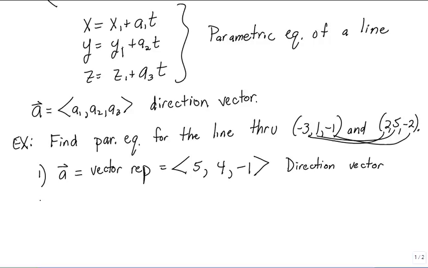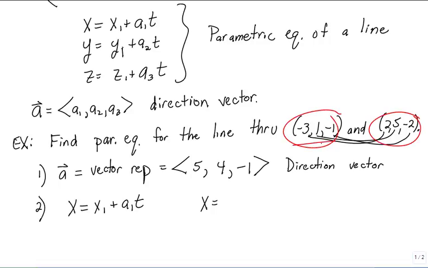And so all we have to do is say x is equal to x1 plus a1t. You can pick either point. You could pick this point or you could pick this point. Let's pick this point. So x1 is -3, here's a1, plus 5t.